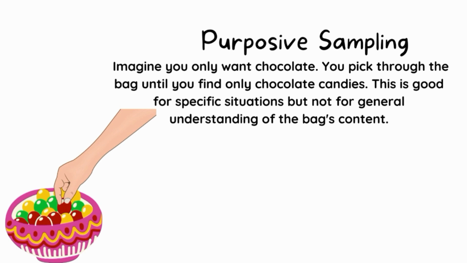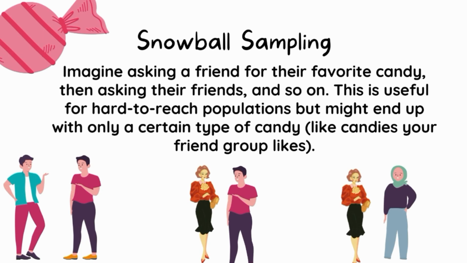So coming to the next one, which is the snowball sampling method. Last but not the least, snowball sampling is a non-probability sampling technique. It is used primarily in qualitative research to identify and recruit participants through referrals from existing participants. In the example, imagine asking a friend for their favorite candy, then that friend asks their friends, and so on.